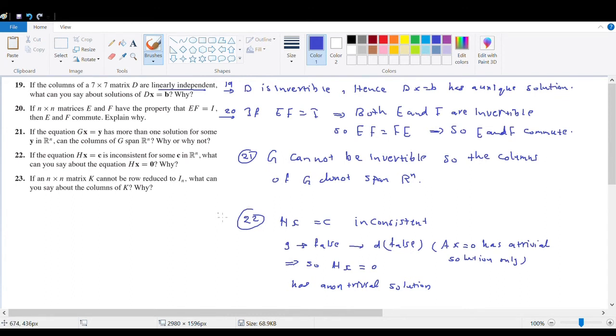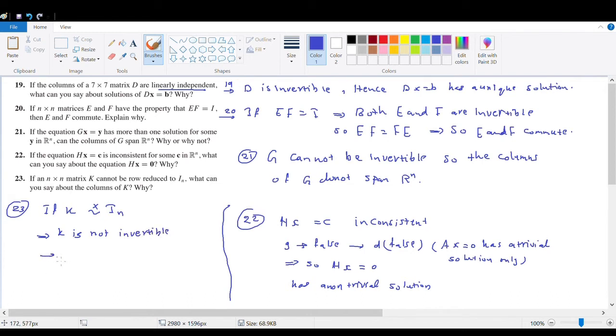For 23, if the n by n matrix K cannot be reduced to In, that means K is not invertible. What can you say about the columns of K? From here, if K cannot be row reduced to the identity matrix, that means K is not invertible using the theorem.